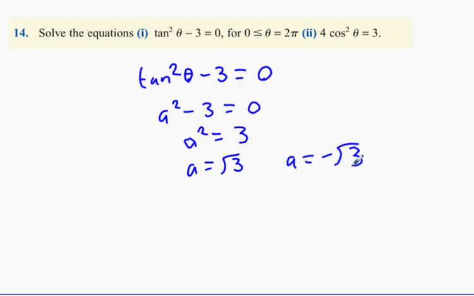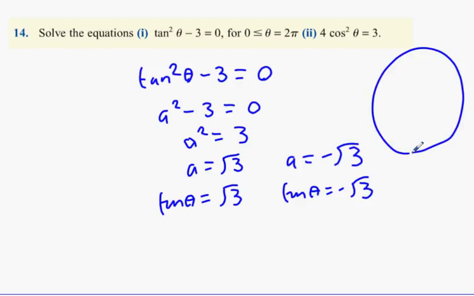Okay. So what you've effectively told me is that tan theta equals root 3 and minus root 3. That's what effectively you've told me, right? So let's start off with the positive one. What's the two answers for the positive one? A and T. What's the reference angle?